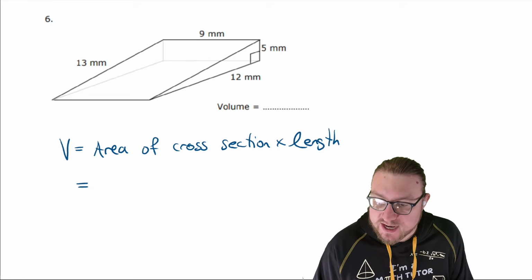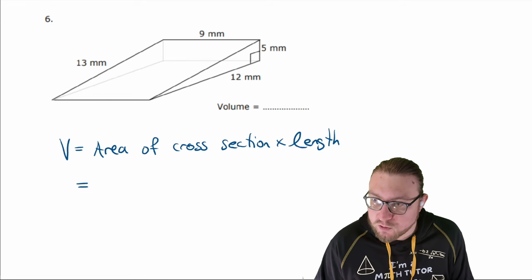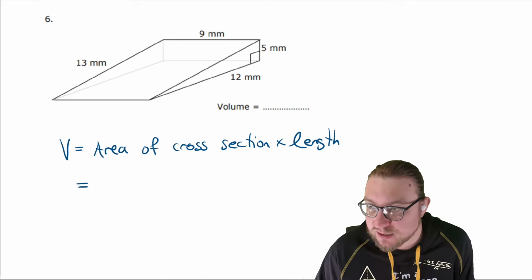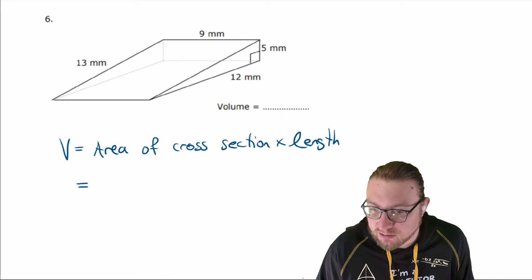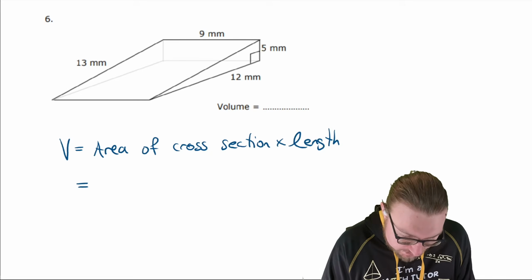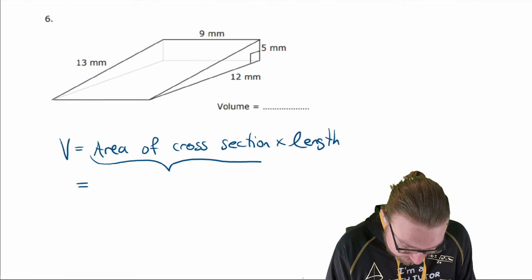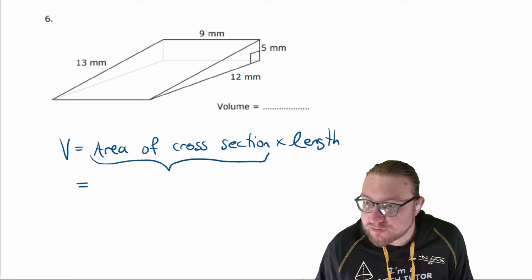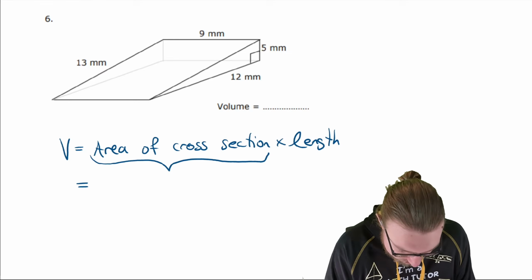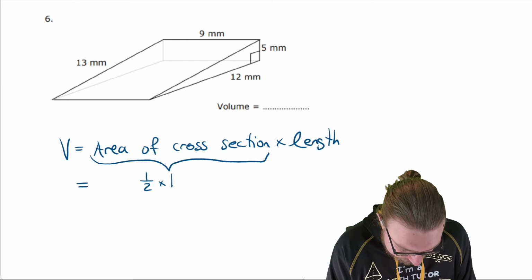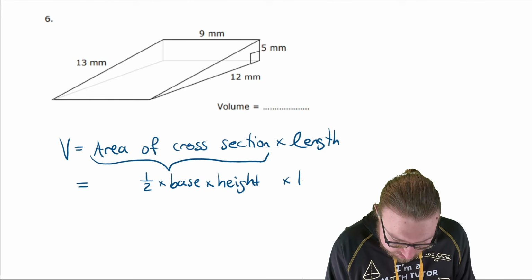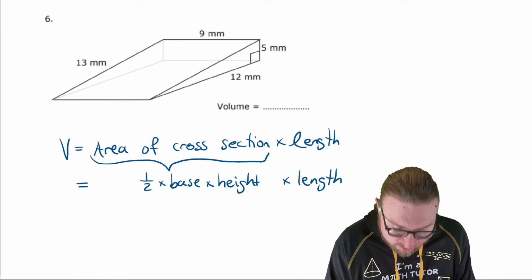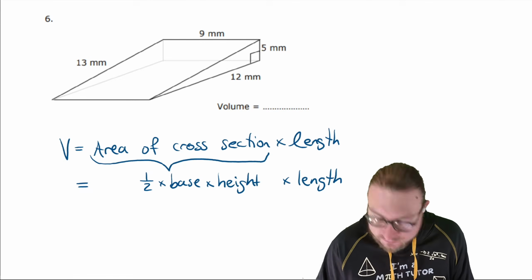Here we just have to think about what we have for an area on our base. Well, we have a triangle. So the area of a cross section is replaced with the area formula for a triangle, which was half times base times height. And then, of course, we're still multiplying by the length of our prism.